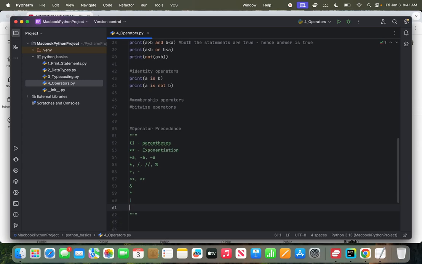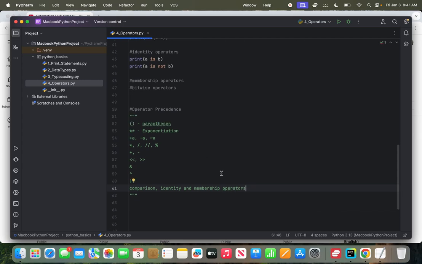Then you have all the comparison operators, comparison identity, and membership operators. Finally you close it with logical NOT, AND, and OR. So this is the operator precedence.